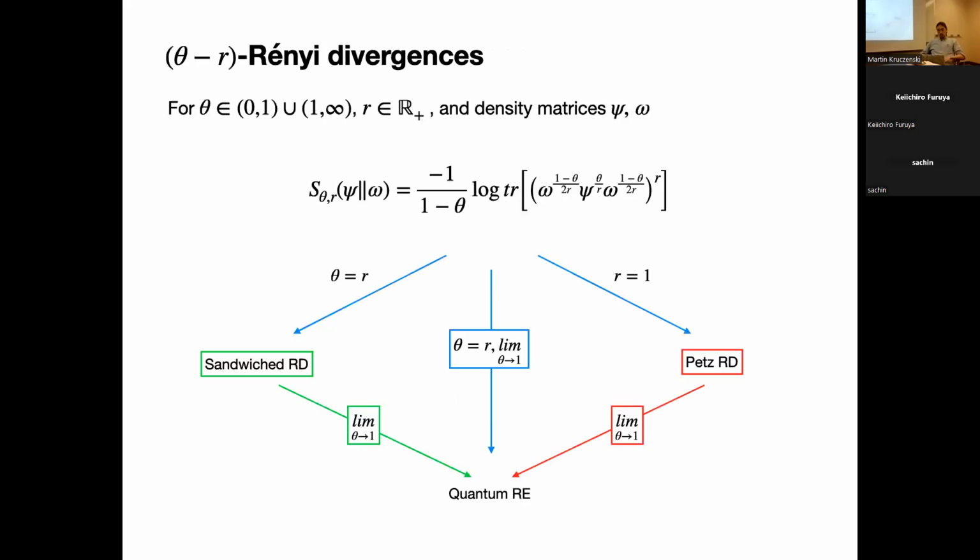Originally it was called alpha-z Rényi divergences, but now we're using parameters theta and r, so we call it theta-r Rényi divergences. This is the definition. Theta ranges from 0 to 1 and 1 to infinity, and r is a positive real. For two density matrices psi and omega, you can write down the theta-r Rényi divergence in this way.